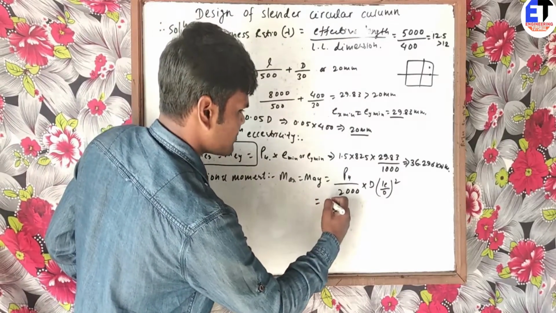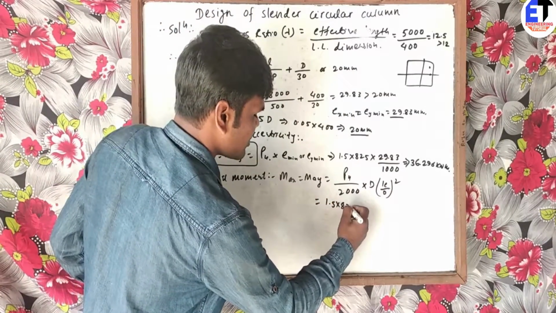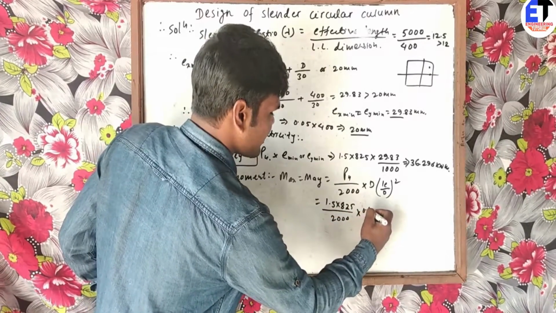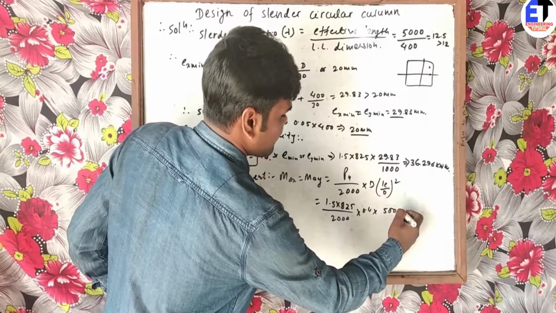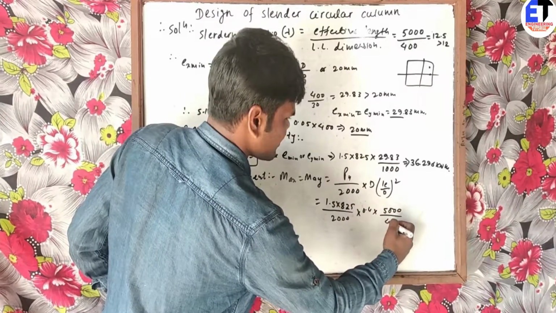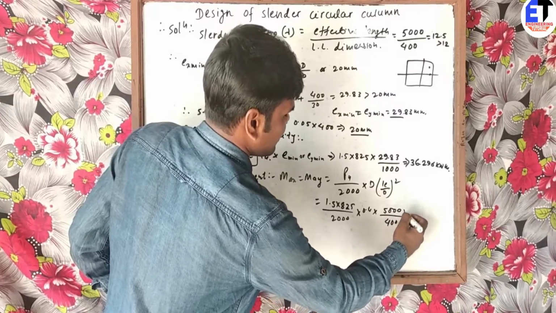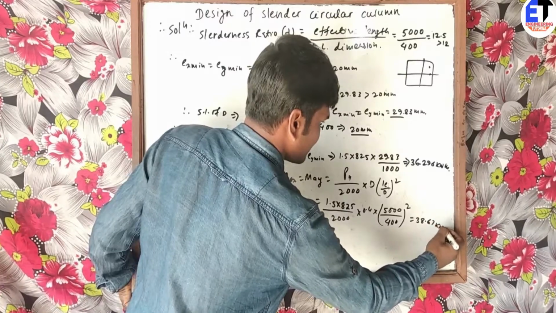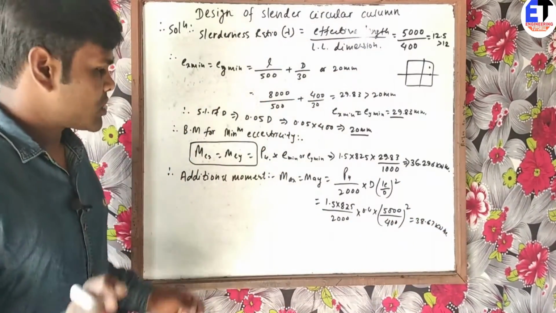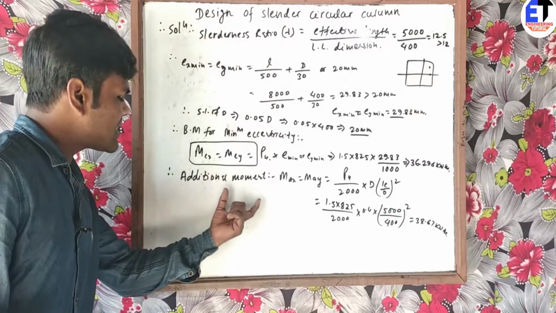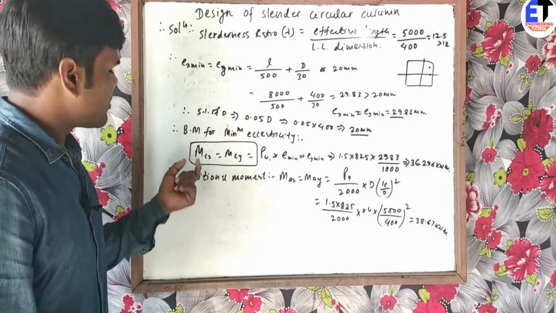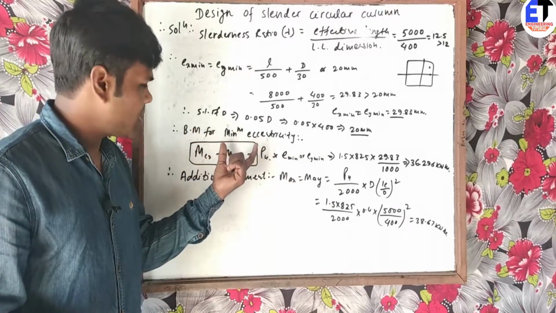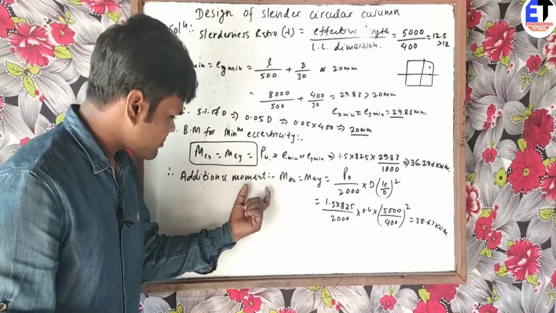So this gives Pu, 1.5 into 825, divided by 2000, and 0.4 into 5000 divided by 400 whole squared, which gives 38.63 kilonewton meter. So we have also calculated the bending moment for the additional. Now there are two types of moment that we have calculated: minimum eccentricity bending moment and additional bending moment.